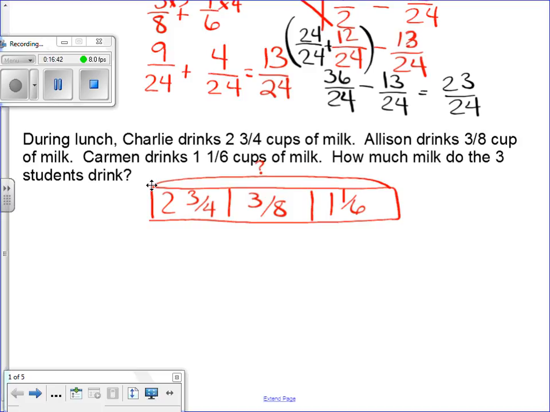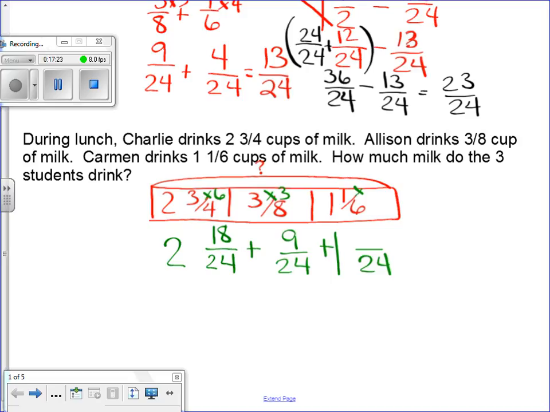Okay, what is the least common denominator? It is 24. 4 times what is 24? 6. 3 times 6 is 18. 8 times what is 24? 3. 3 times 3 is 9. 6 times what is 24? 1 times 4 is 4.